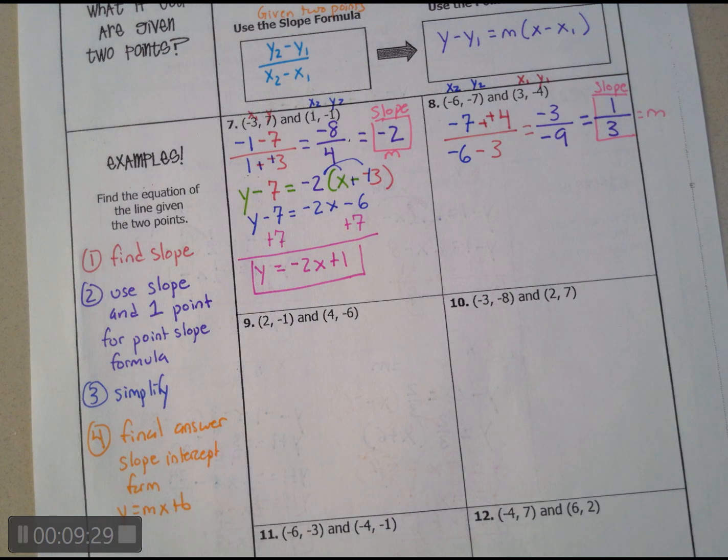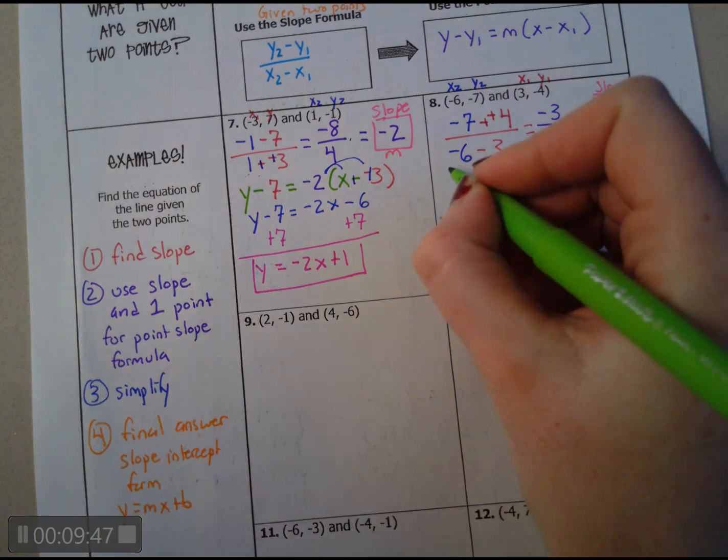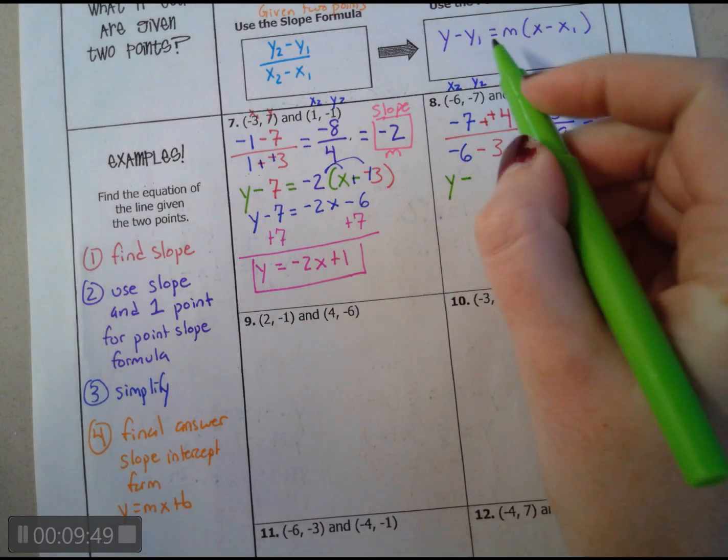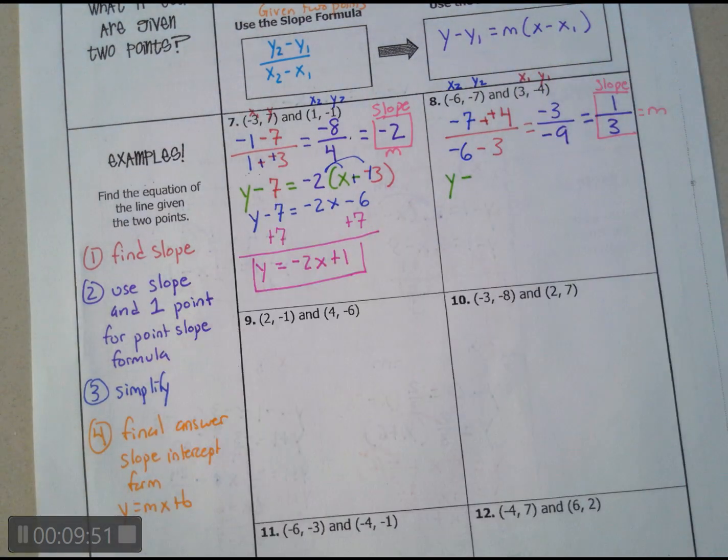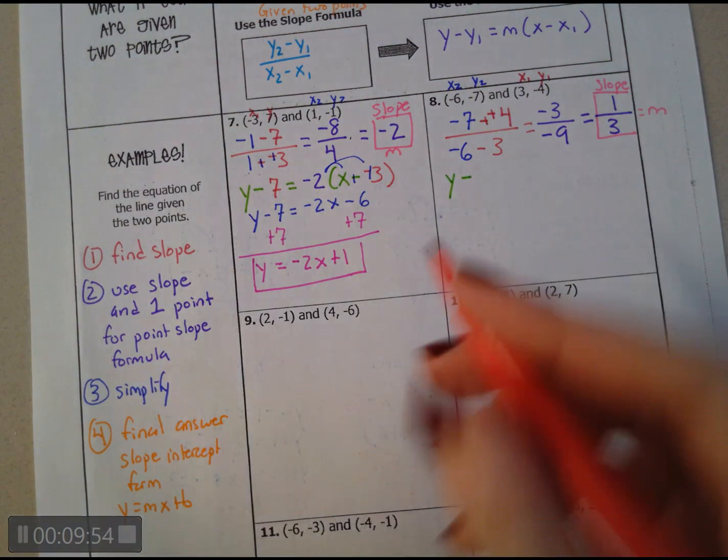Okay? Alrighty. And now I need to use my point slope formula because now we are on step 2. So I'm going to use my slope and 1 point, which is my x1 and my y1, for my point slope formula. Okay. So I have my y minus my y1, which I said was -4.